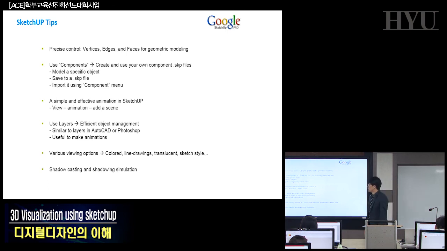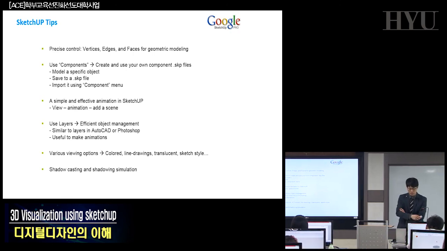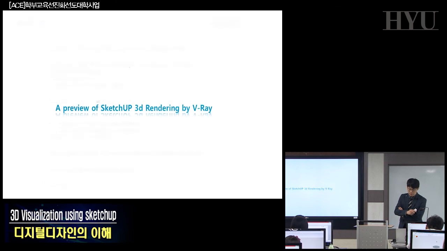Also, there are several different view styles, view types, animation view, and several different scenes. Also, we can take a look at this area too. There are some salient aspects of SketchUp when you are doing architectural, interior architectural designing, modeling, visualizing, and so on.